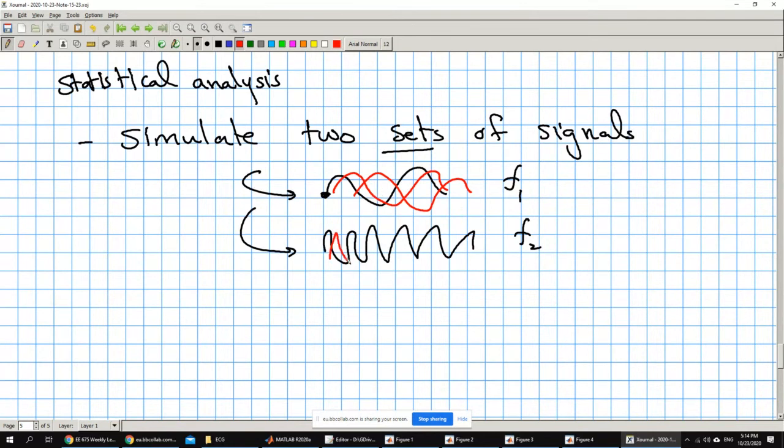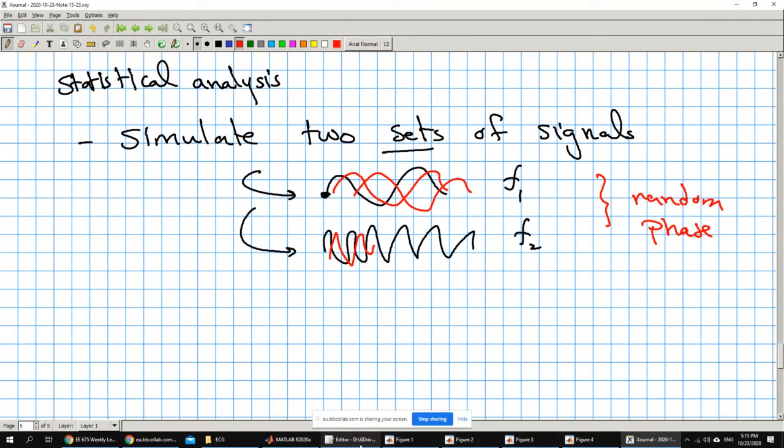The same thing here: I'm going to simulate the same frequency, but for both we have random phase, so that we can see differences that are expected to be present in real life signals.